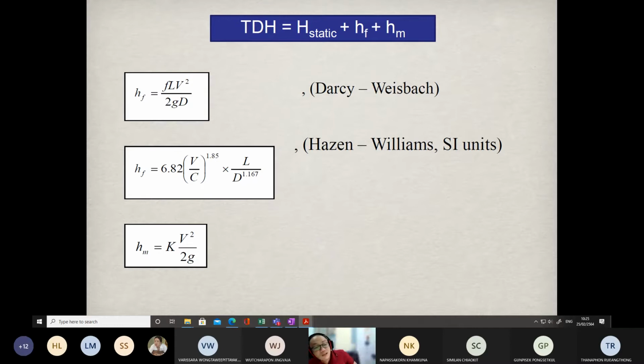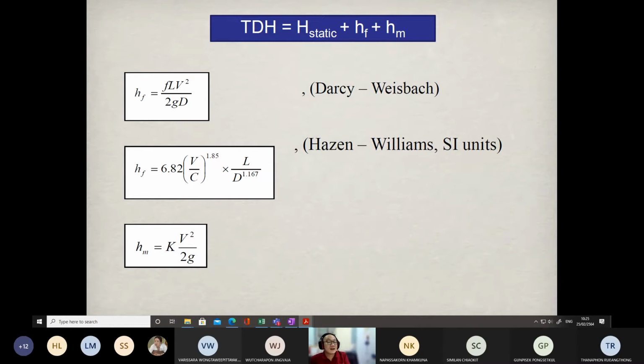But for Hazen-Williams, V is still the velocity, L is still the length, D is still the diameter, and the last one is C. So what is C? In the Darcy-Weisbach equation, we have F, the friction factor.